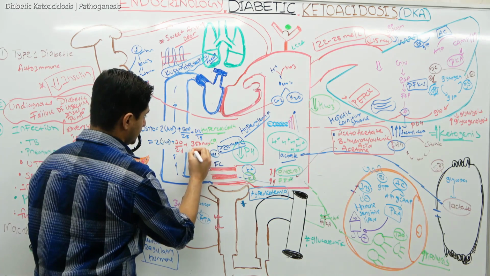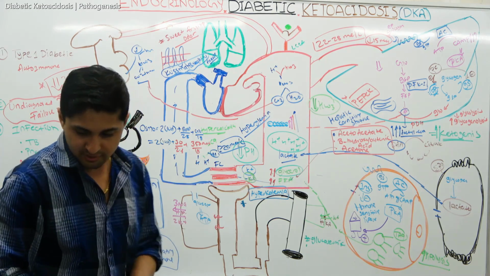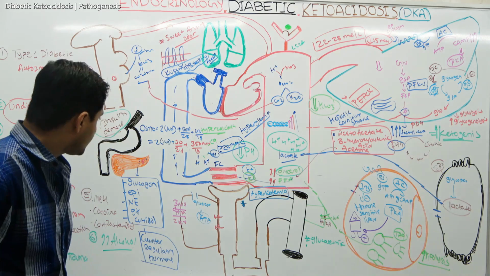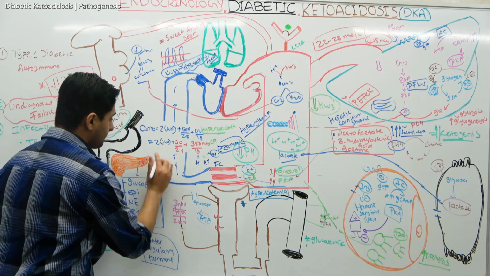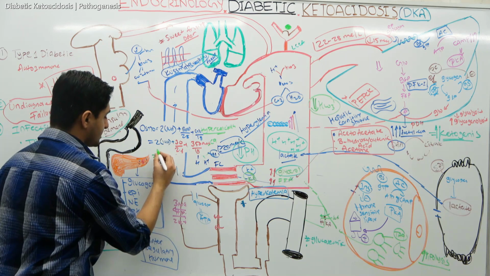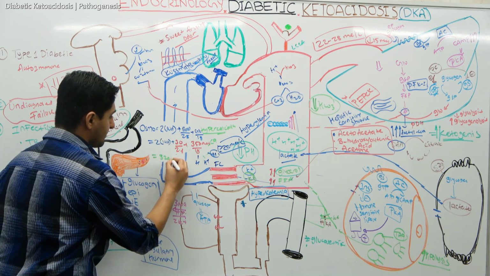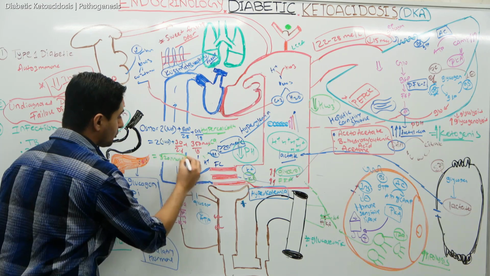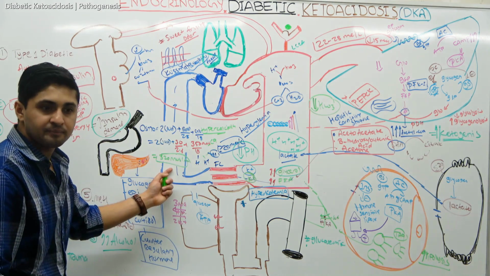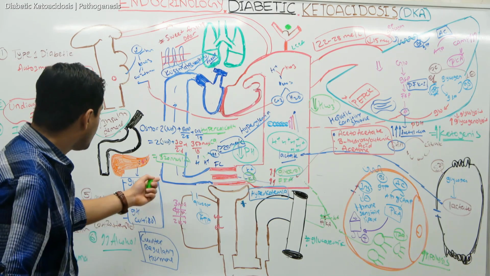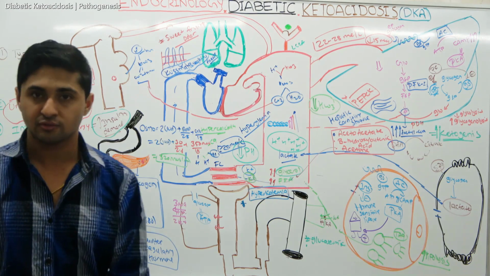So when you do this math, you should have more than, let's say, 320 milliosmoles per liter. And normally your osmolarity is about 287 or so.